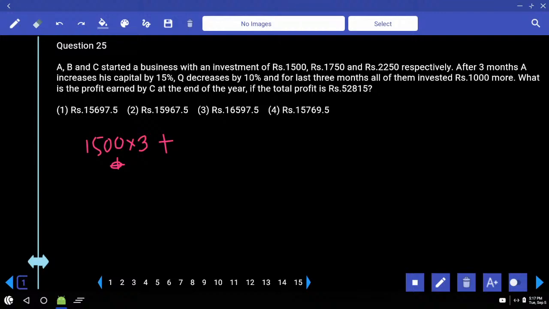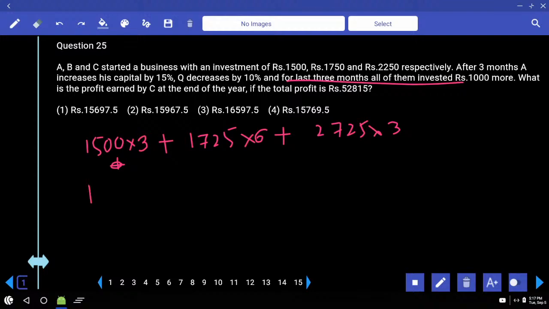What is 15%? 225. 225 means 1725 into last 6 months, because for the last 3 months he told. అర్థమైందండి? After 3 months, last 3 months means between 6 months. 1000 more means 2725 into 3. Understood or not?